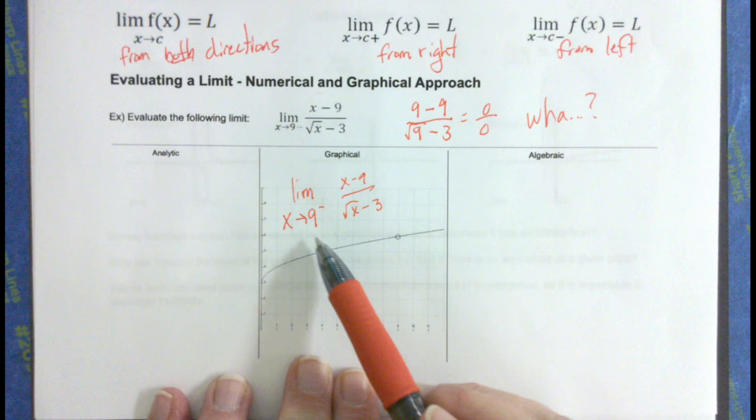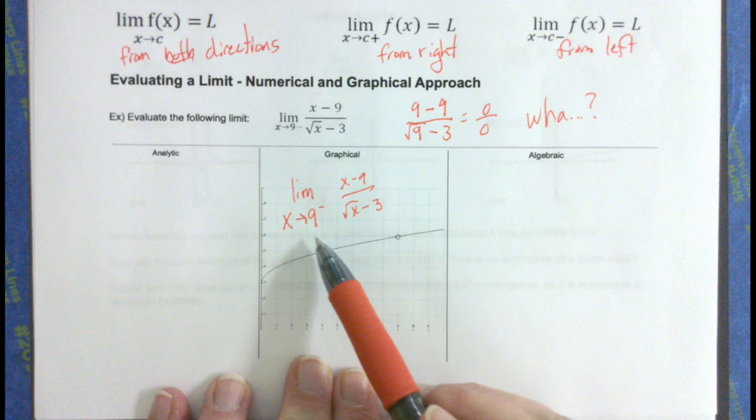The limit of this function as x approaches 9 is 6. The value of the function is not 6. The value of the function is 0 over 0. Well, graphically, that's it. Analytically, you can just keep putting in values closer and closer, but algebraically, something cool can be done.